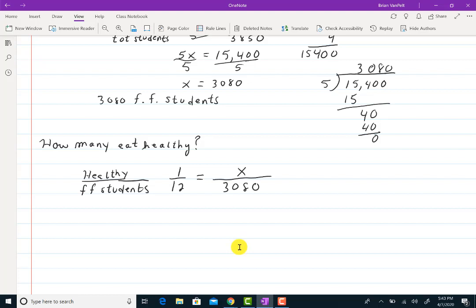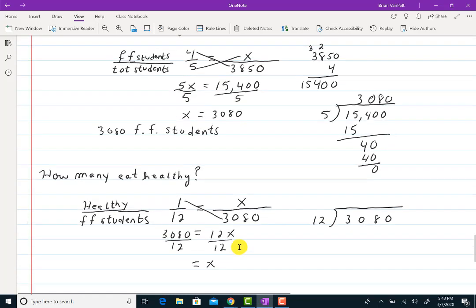And let's go ahead and multiply it out. 1 times 3,080 equals 12x. In order to figure out what the x is, I'm going to divide by 12 on both sides. So let me take the 12 into 3,080.